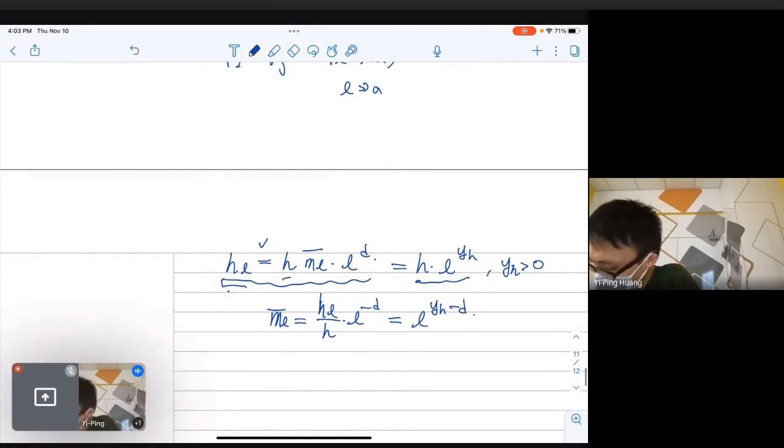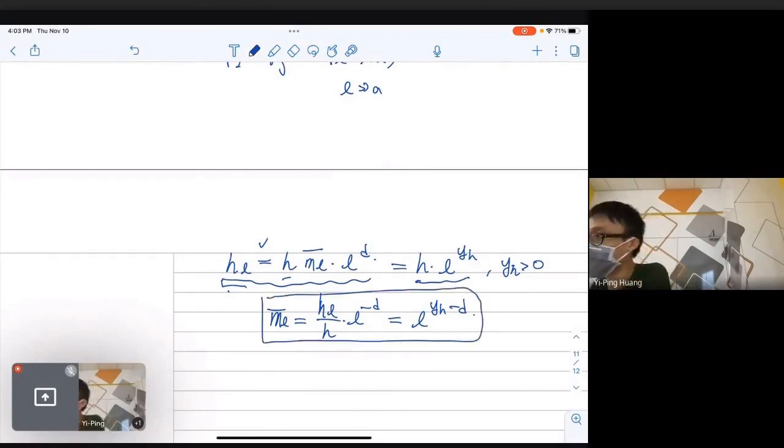That's how ML bar changes as we do this block spin transformation.